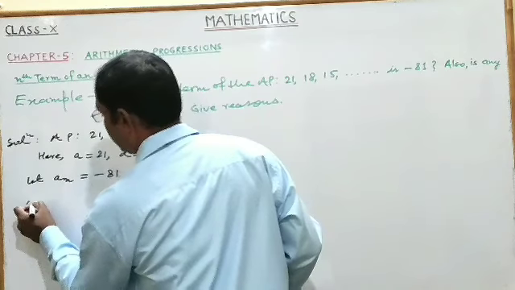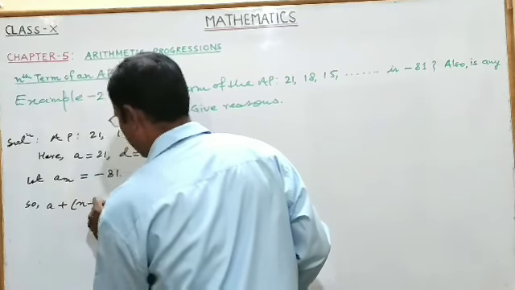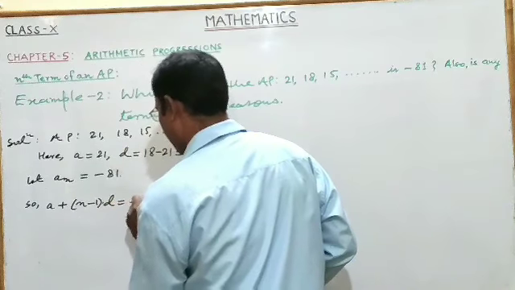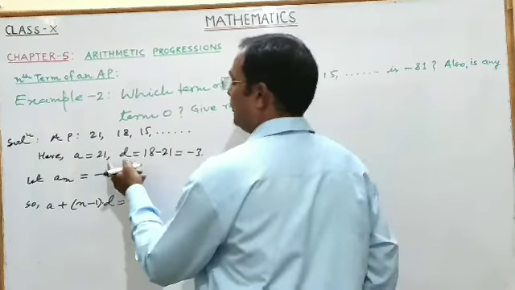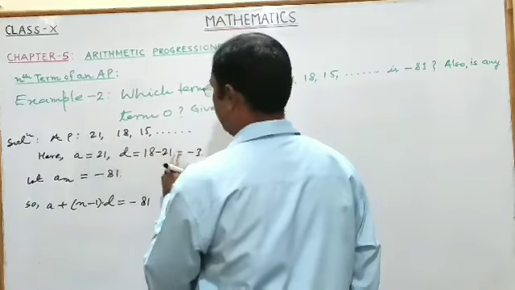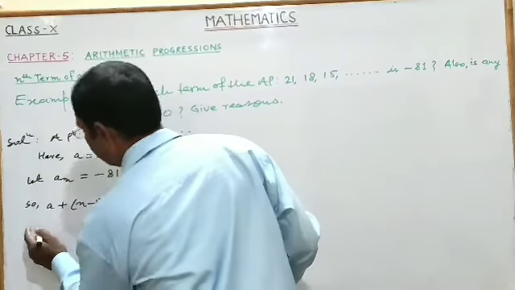So A plus n minus 1 into D equal to minus 81. Put the values of first term A, 21, and common difference D, minus 3, in this relation.